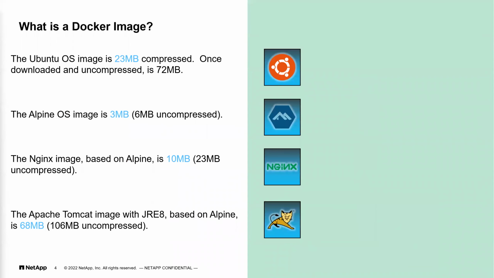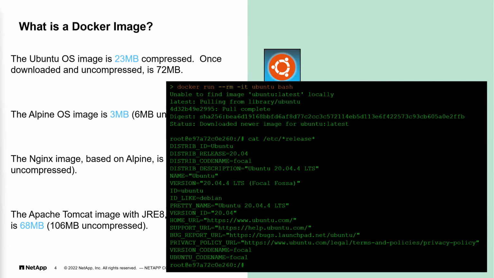Another key benefit is the ability to distribute and deploy it quickly and easily. Due to the size of the image, I can download and spin up an Ubuntu Docker container on my local machine within 5 seconds. I'm using Ubuntu here as an example, just due to its familiarity. However, most Docker images are based off of Alpine or Debian.